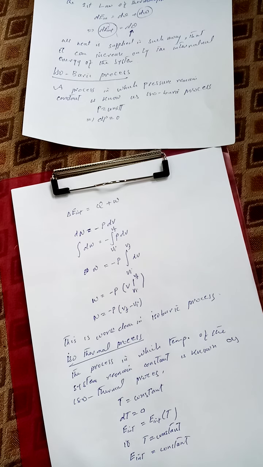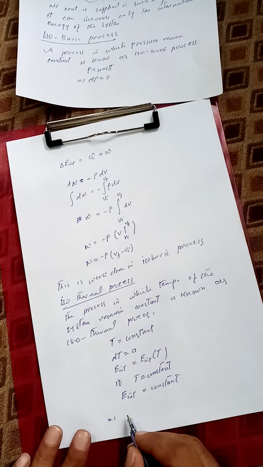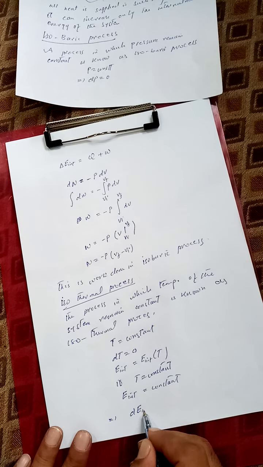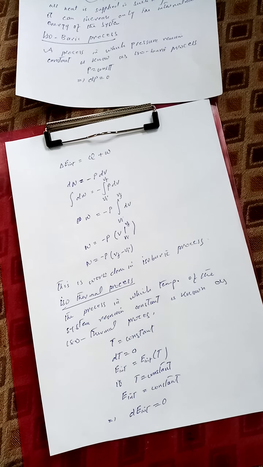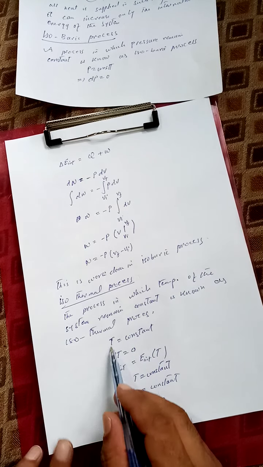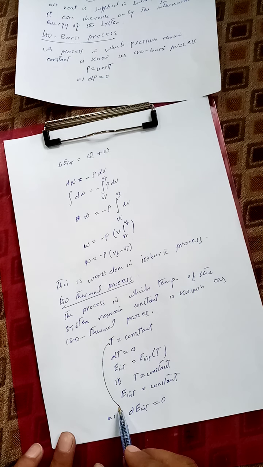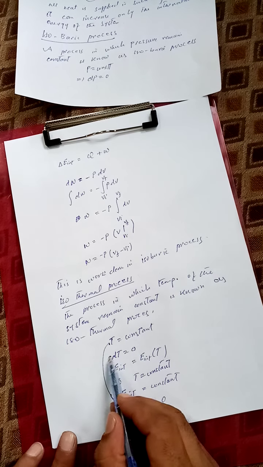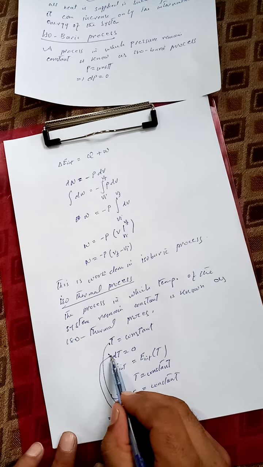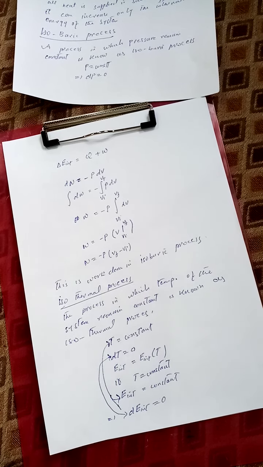So this implies that the change in internal energy, dE internal, will be equal to 0 also, because temperature and internal energy are related to each other. There is a direct relation.